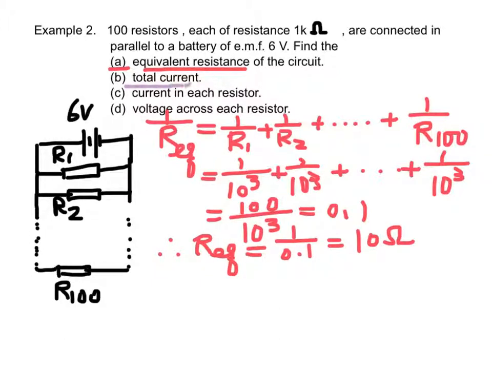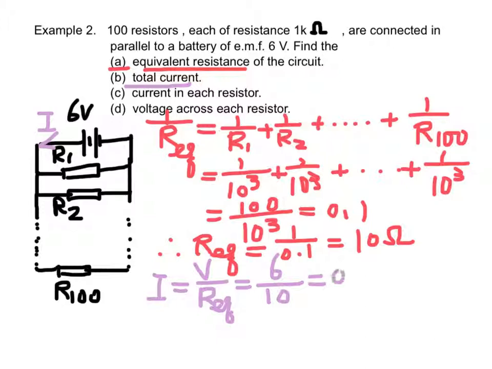And the total current I can be found by using Ohm's law, which is equal to V over Req, where V equal to 6, Req is 10, therefore I equal to 0.6 A. Since all resistors have the same resistance, the currents in each resistor, I1, I2, up to I100, are the same.